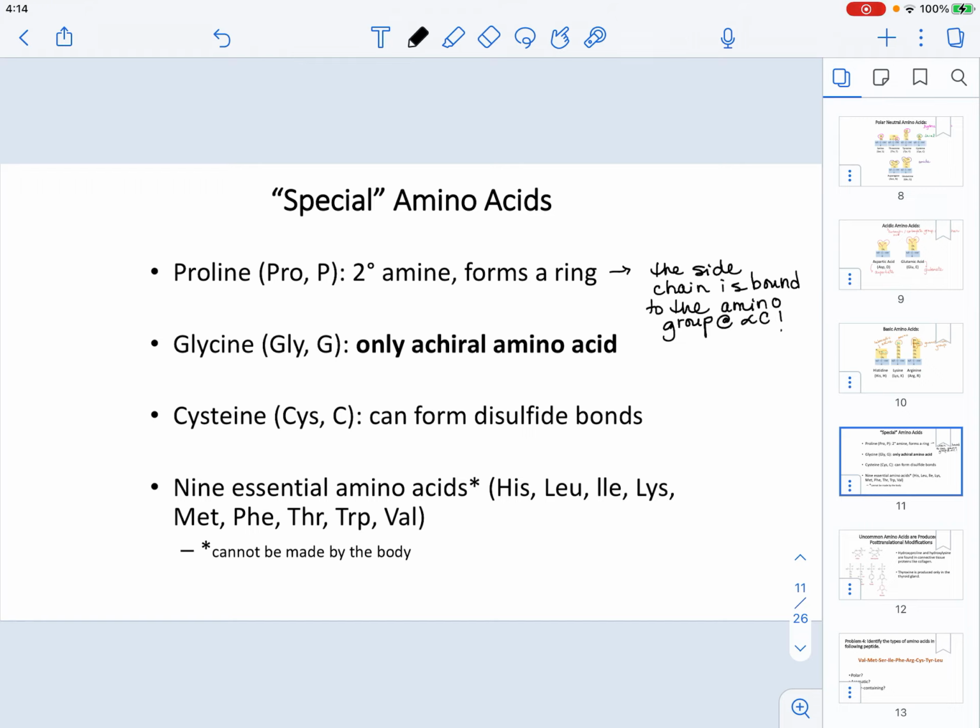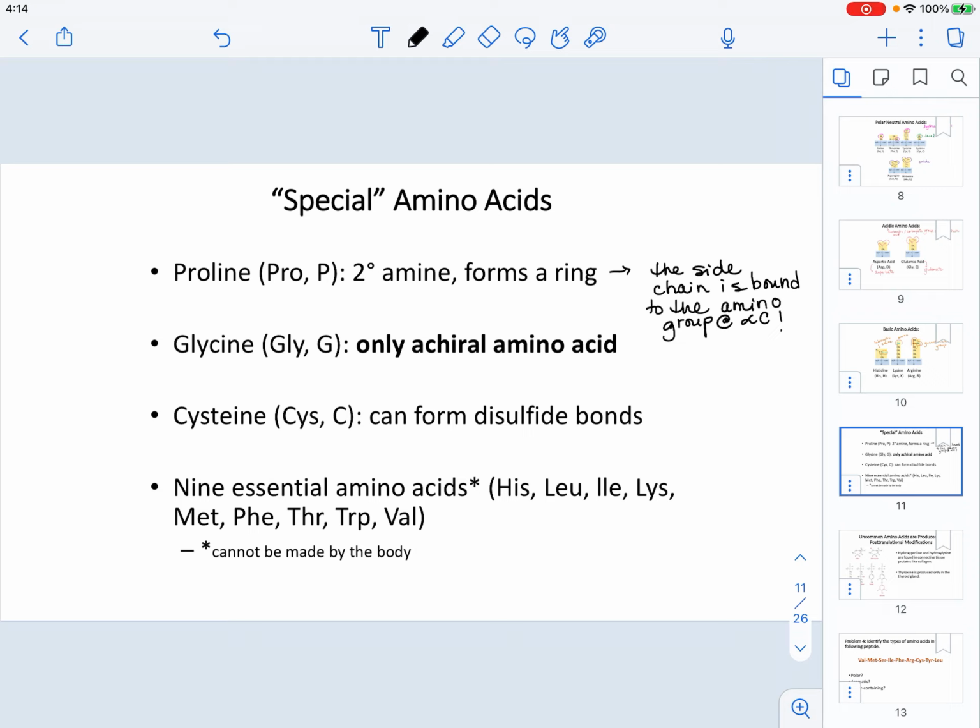That's why it's going to be a secondary amine. Remember that it is a cyclic amino acid. Glycine is the only one that is achiral. Cysteine is the only one that we're going to see in the future has bonds that can be oxidized and form disulfide bonds.